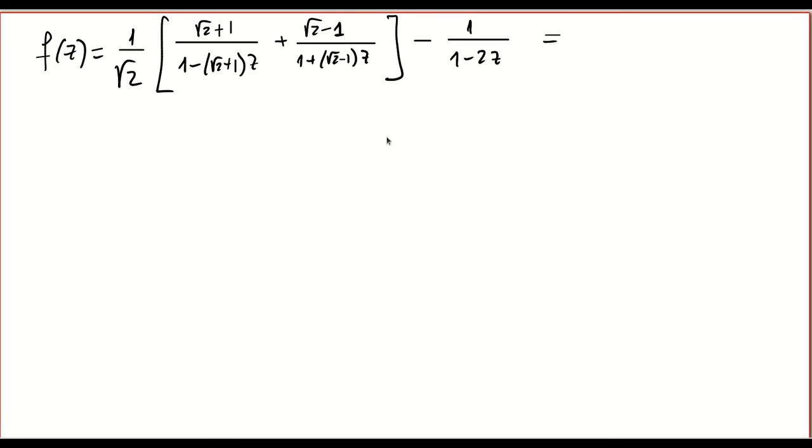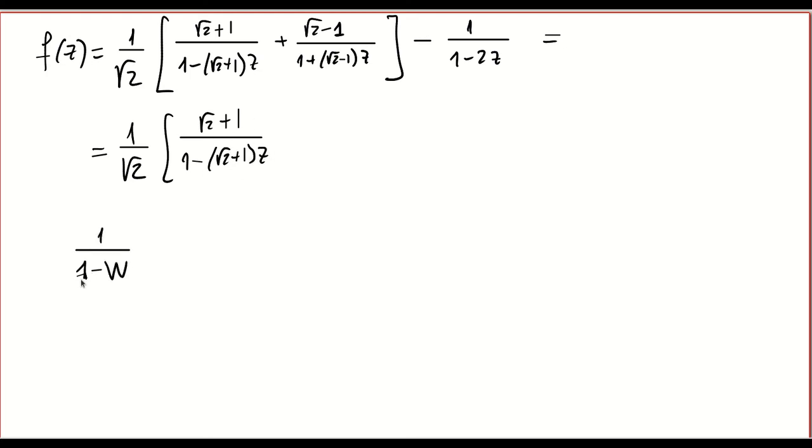Let me rewrite this function in a slightly different way. I have this fraction, square root 2 plus 1 over 1 minus the square root 2 plus 1 z. This already has the form of a geometric series, right? 1 minus w, this is w.